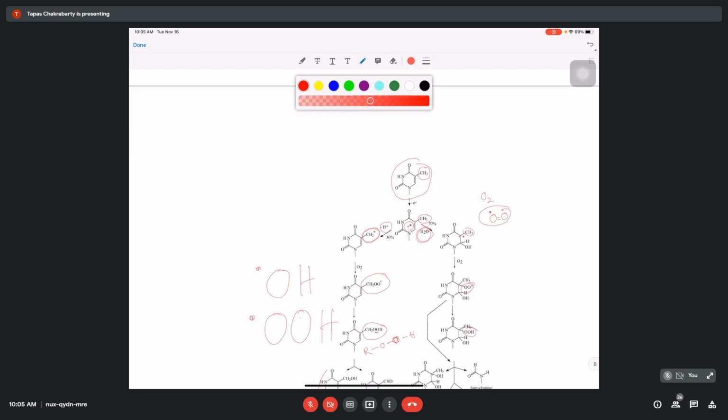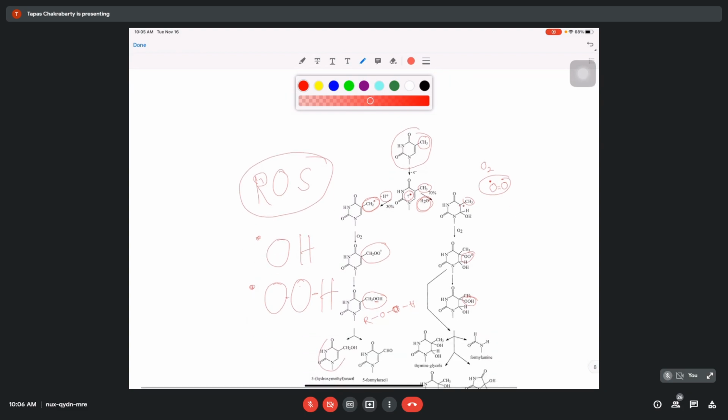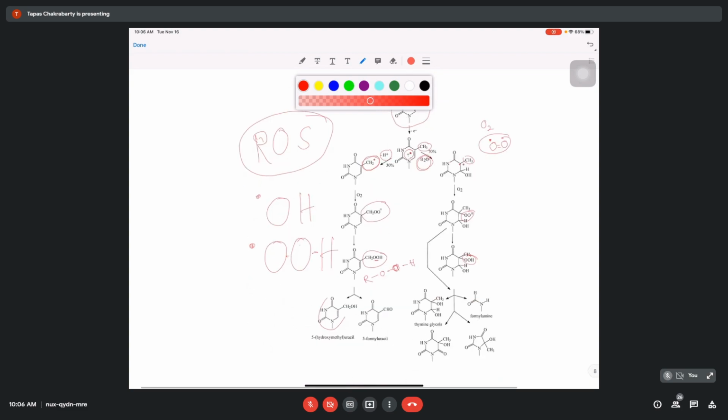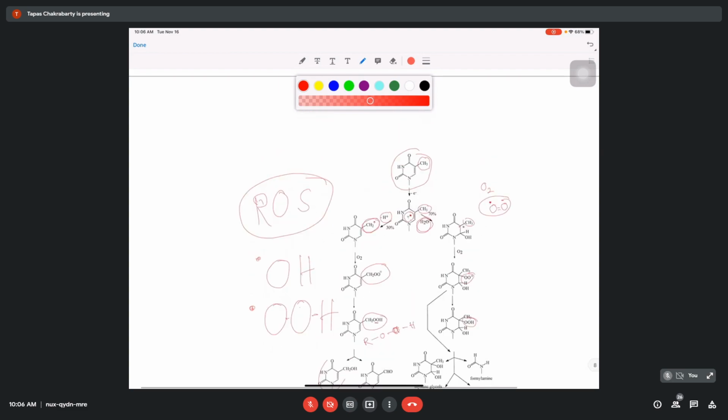These are also very common species, and these are usually called reactive oxygenated species, ROS. This is very common, and the whole purpose of these antioxidant molecules which are consumed is to control or minimize as much as possible this kind of chemical reaction.